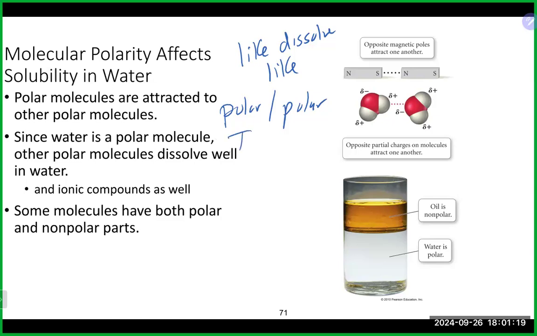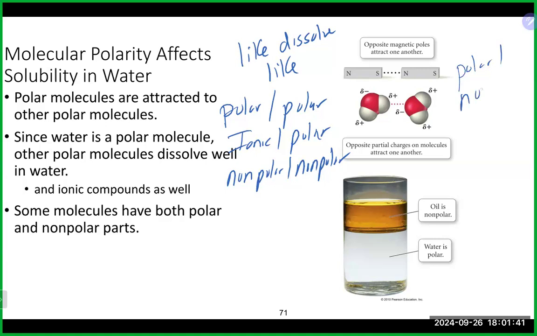If you have an ionic compound, it will also mix well with a polar molecule because they both have charges, basically, right? Positive, negative sides. Also, if you have a nonpolar molecule and a nonpolar molecule, they will also mix really well because they're basically the same. It's only when you cross over to polar and nonpolar molecules that you will run into trouble.